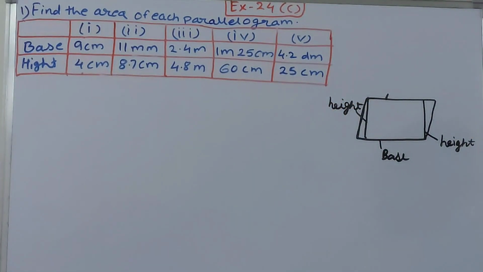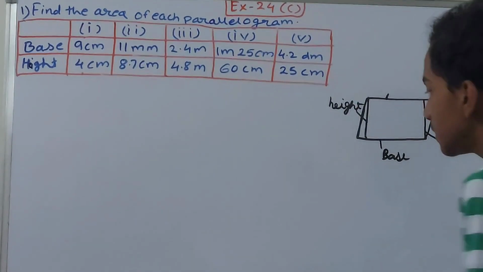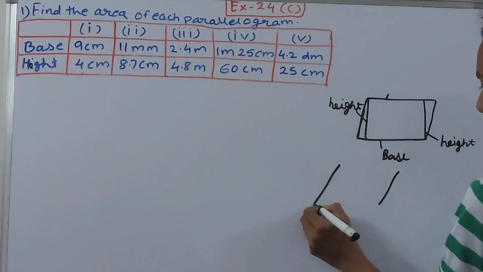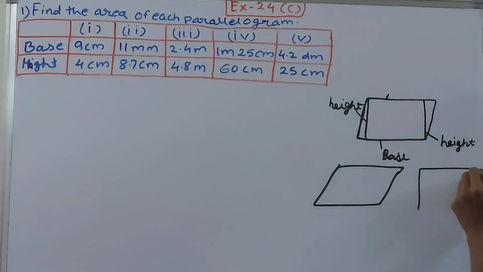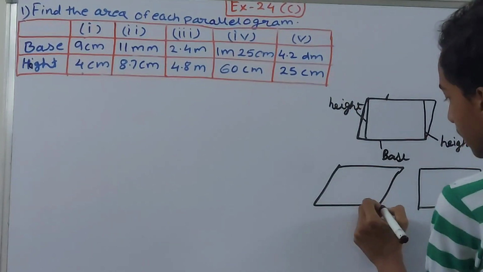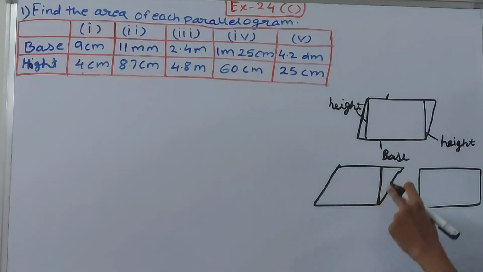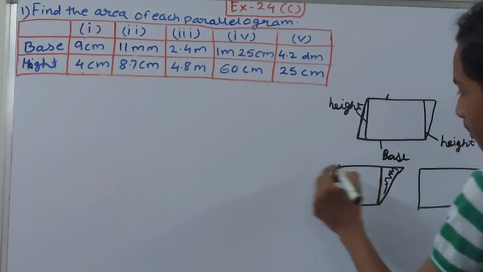Now you can see there are a few things that match in a parallelogram. There is some similarity in a parallelogram as well as a rectangle. This is the parallelogram and this is the rectangle. What if I take one part of this parallelogram, the part after the height, and bring it here, suppose I remove it and put it over here?